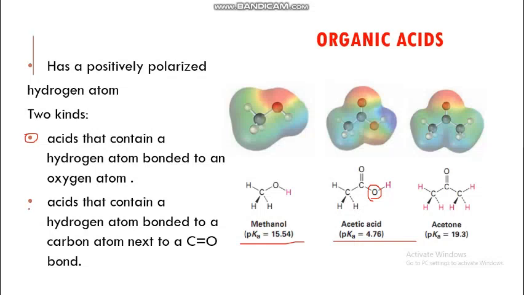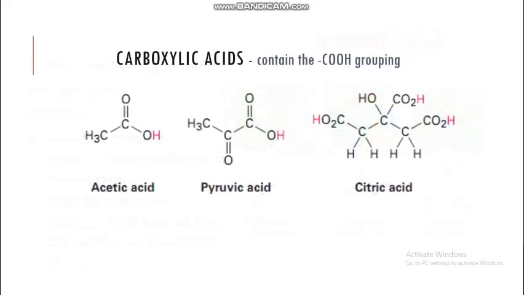And there are also acids that contain a hydrogen atom bonded to a carbon atom next to a carbon-oxygen double bond. Okay. So for instance, we have this acetone. Ayan. So it has hydrogen atoms bonded to carbons, which are bonded to a carbon that is double bonded to oxygen. So those are the kinds of organic acids.